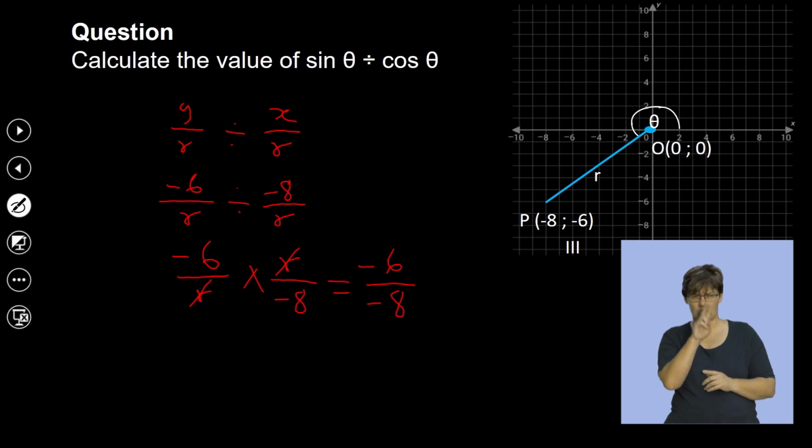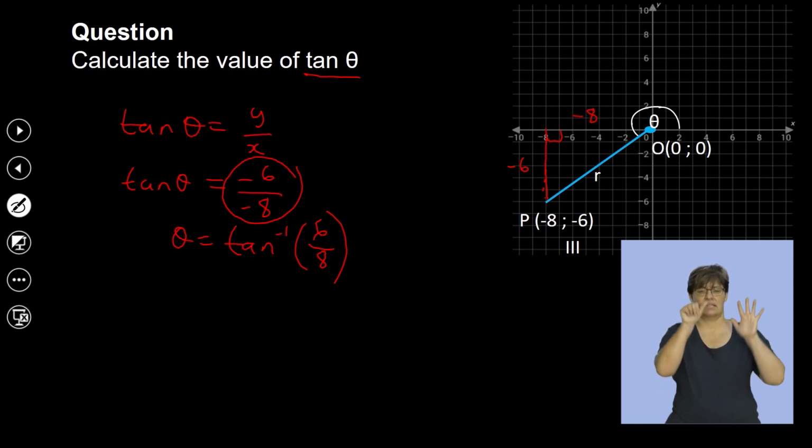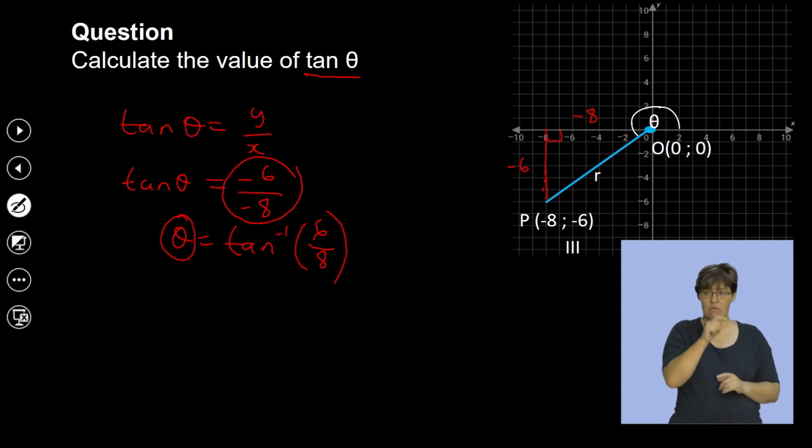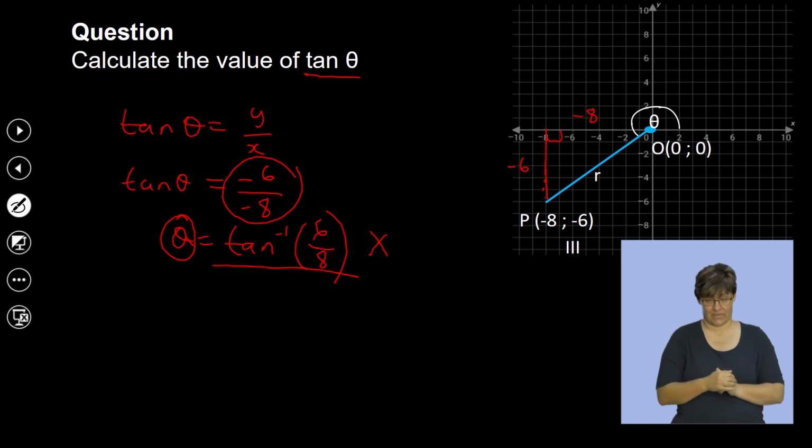Now, as I'm thinking about this, I saw something here. The answer of tan theta will actually be 6 over 8. But if we were to find the actual theta, we would use the second function. So you only use the second function if you are trying to find the theta.